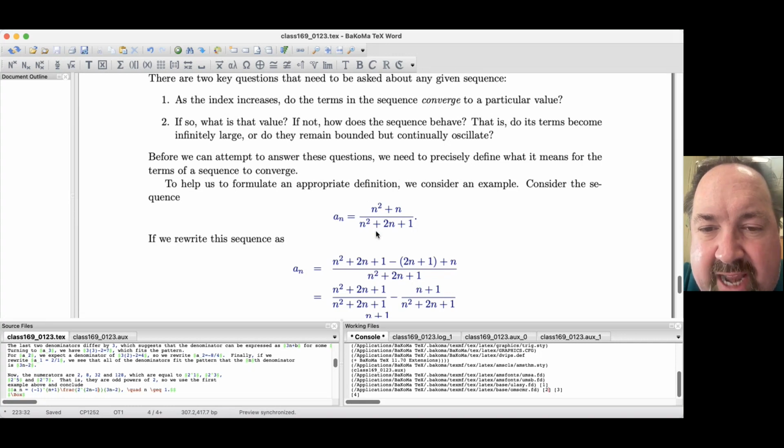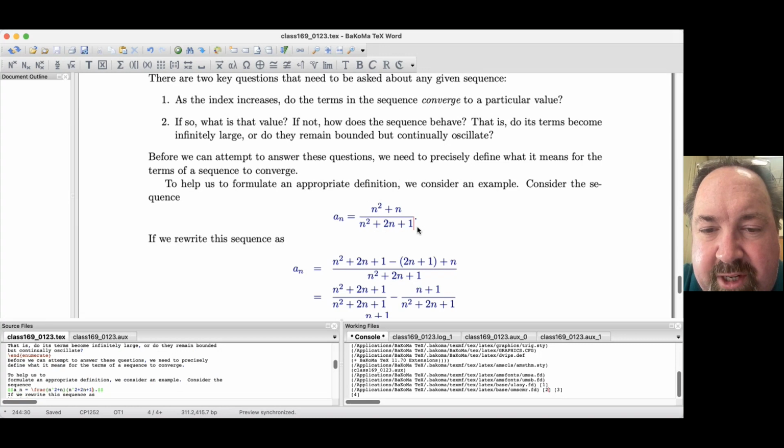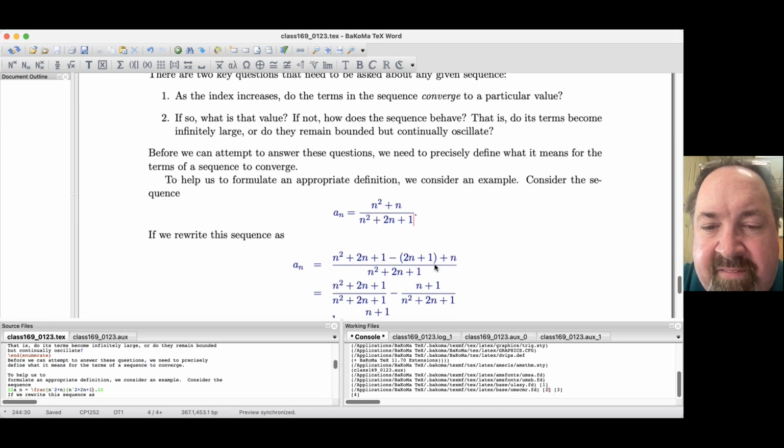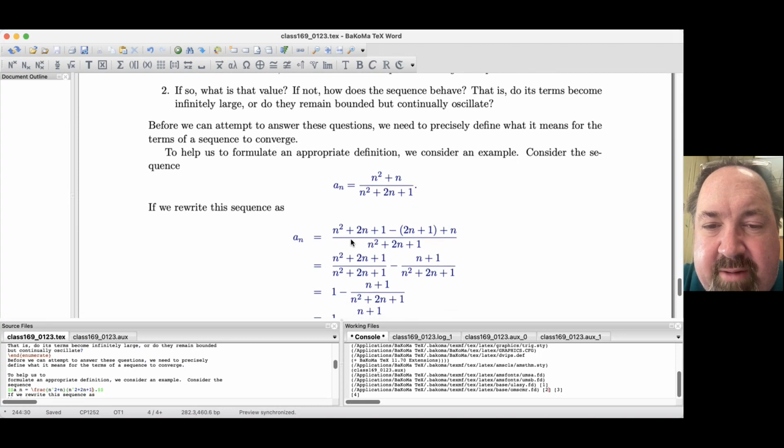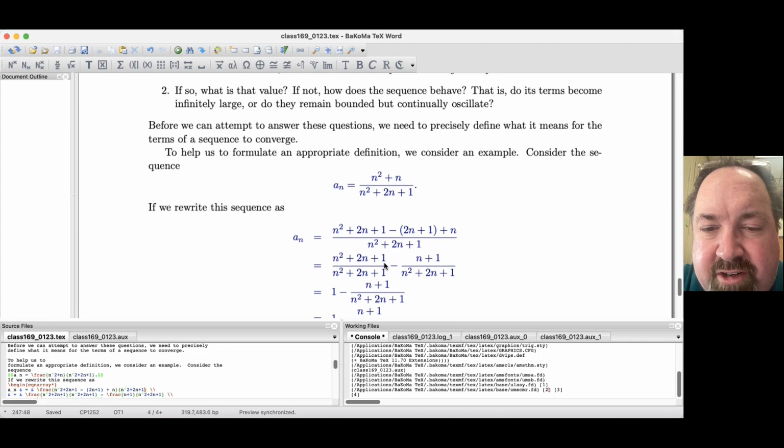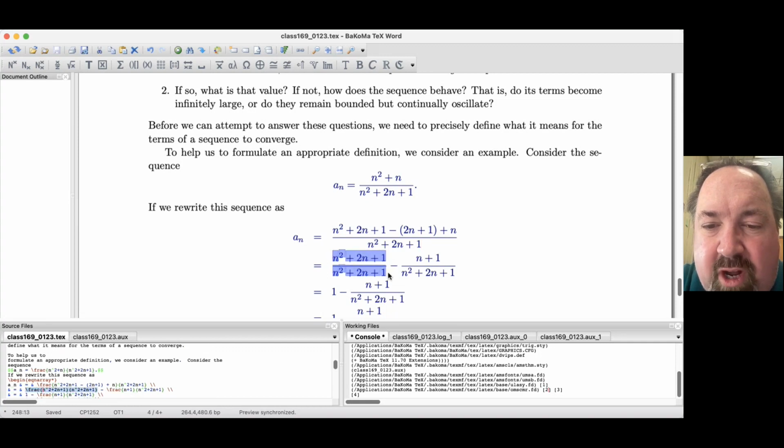So I'm going to add and subtract the other terms in the denominator. So I'm going to add 2n plus 1, and I'm going to subtract 2n plus 1. And the reason for that is now I have these expressions being the same, and I can break this up into two fractions, and this is just going to become 1. And then I'm going to simplify the rest as much as I can.